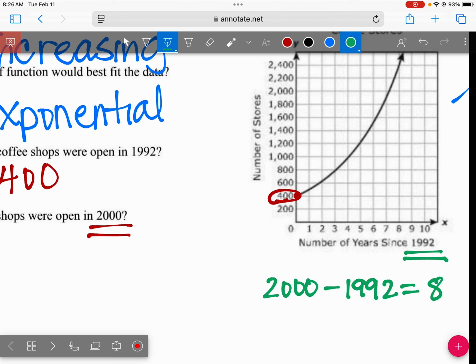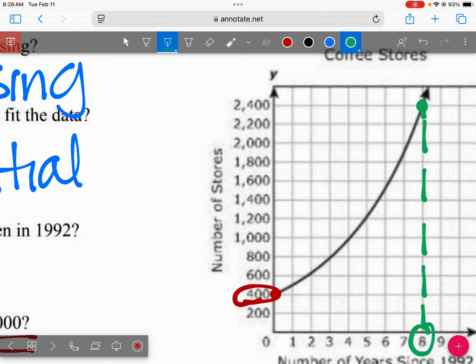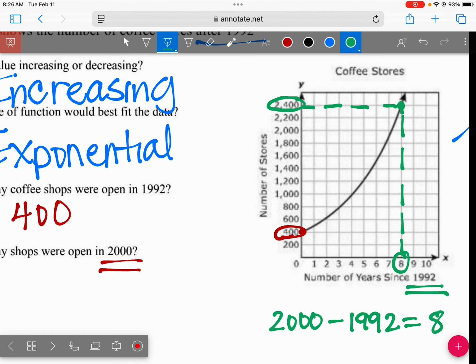If I look at x equals 8 and trace up to the graph, right about here, and then trace over, it looks like my y value is 2,400 coffee shops. Who picked 2,400 for coffee shops?